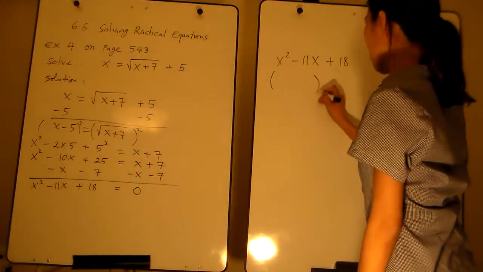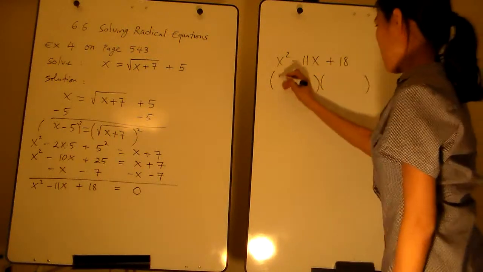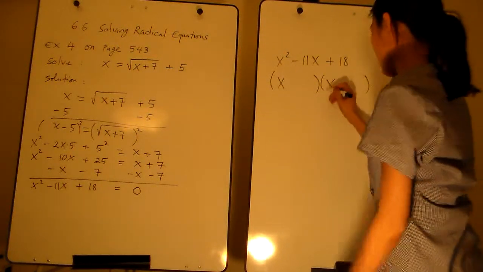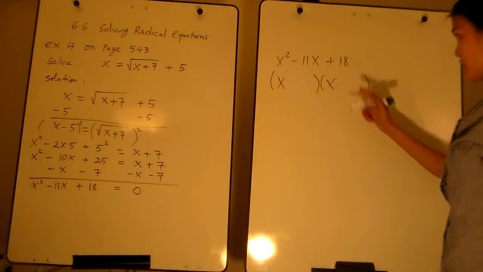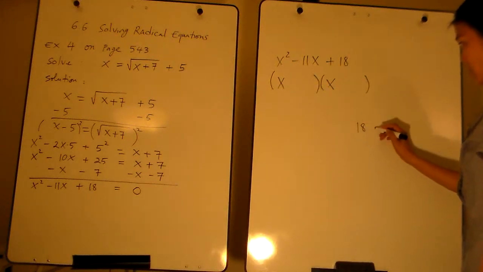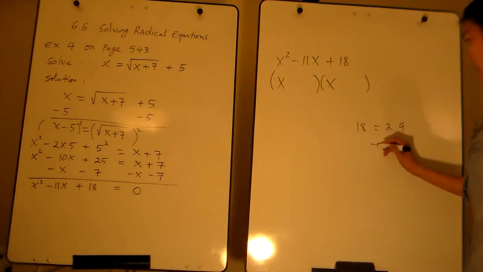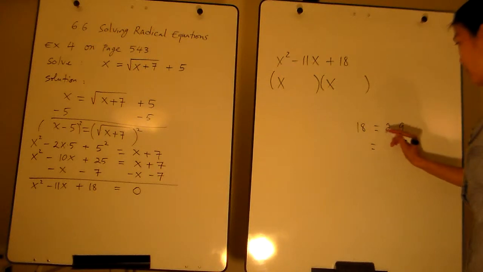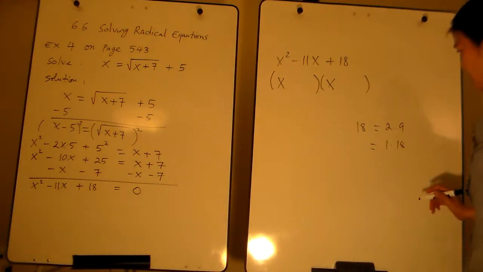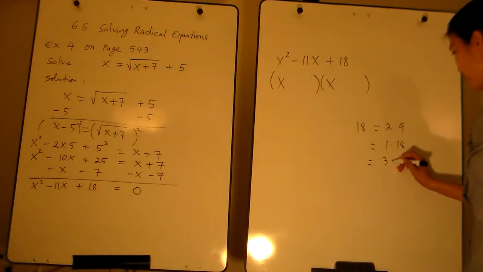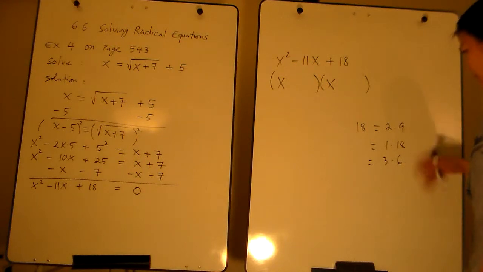This time I'm going to use the trial method. So x squared, we have x times x is x squared. This 18 can be 2 times 9, 1 times 18, or 3 times 6. That's all we can factor out.